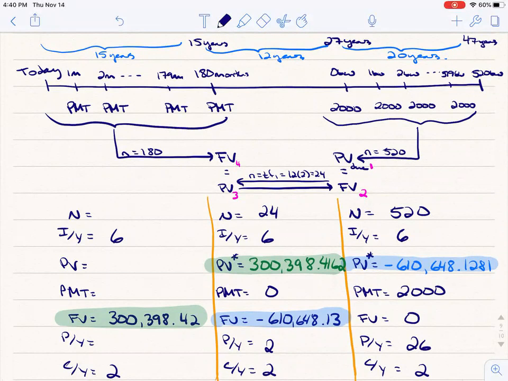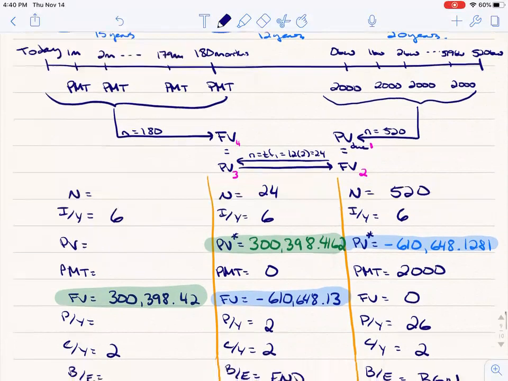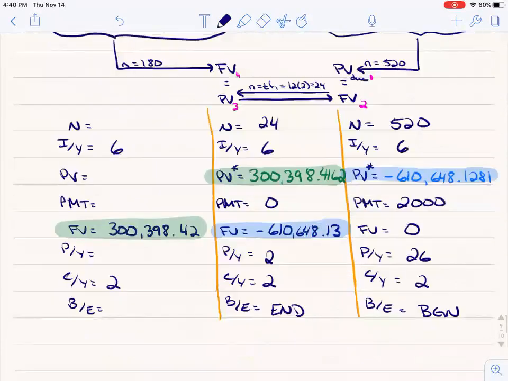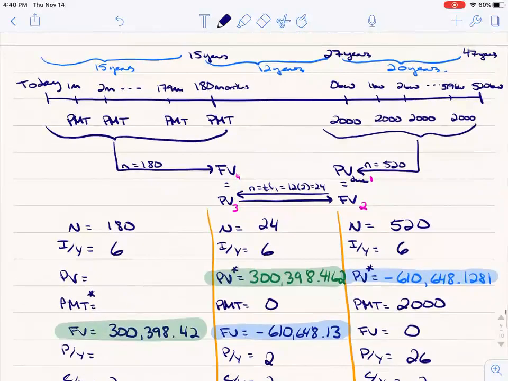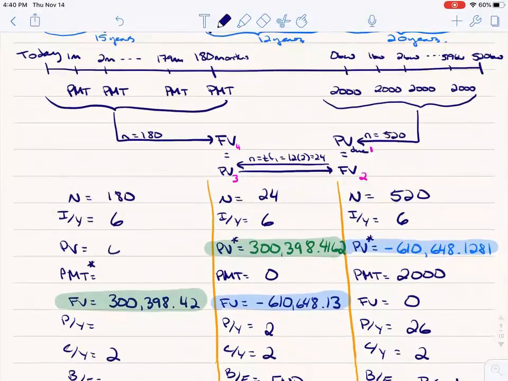So now all I need to do is find the PMT. So I'm solving for the unknown payment amount. Oops. So I put a little asterisk there. And I know that my N is 180. My present value is going to be 0, right? Because I start with 0 money. There's no mention of, oh, you have 25,000 already.